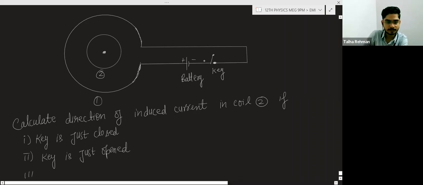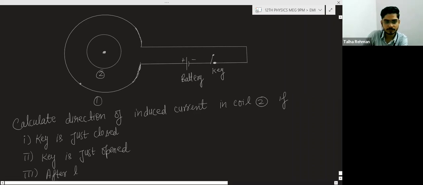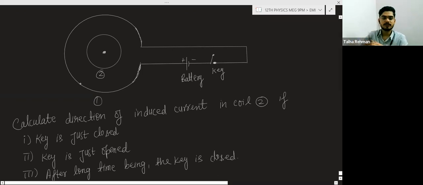Third part, after a long time being, the key is closed. So 3 cases are given, and in all of the 3 cases, we have to tell what will be the direction of the induced current in the second coil.